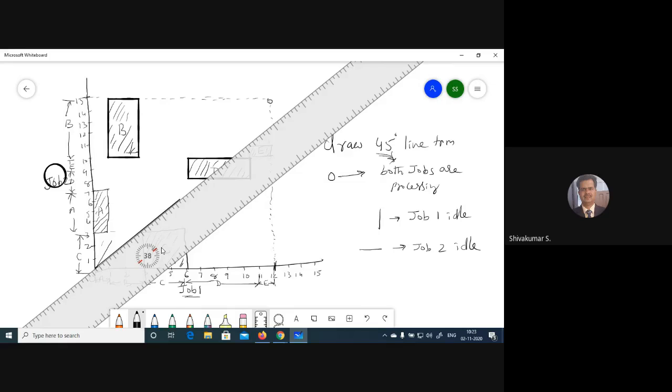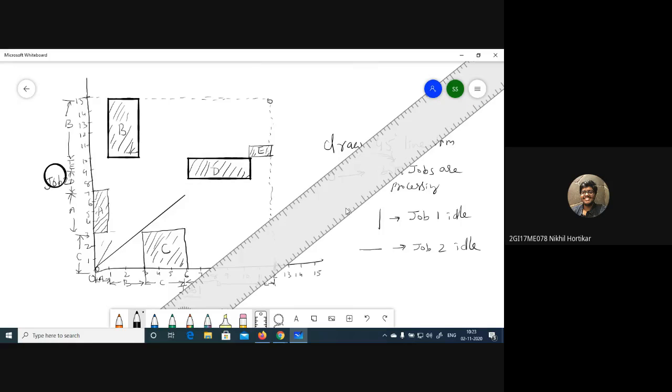You draw a line up to here. Sir, if we draw the 45-degree line, it will not meet that corner, right? Yeah, it won't meet. That's why you draw up to here only.